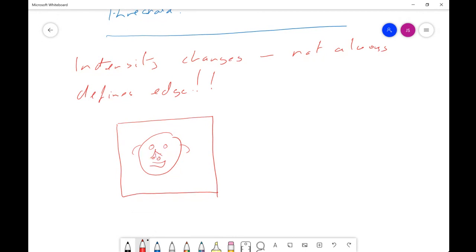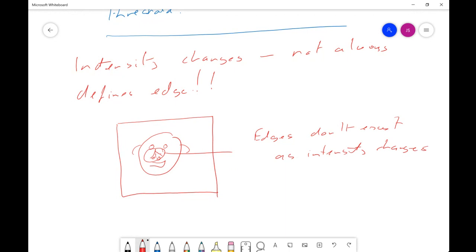There we are. Very interesting. Now those edges which define the nose don't exist as intensity changes. So there's more to an edge than a change of intensity, and this involves an understanding of the nature of the data.